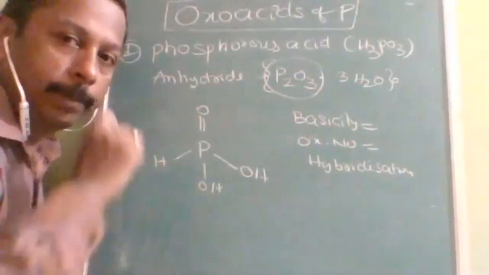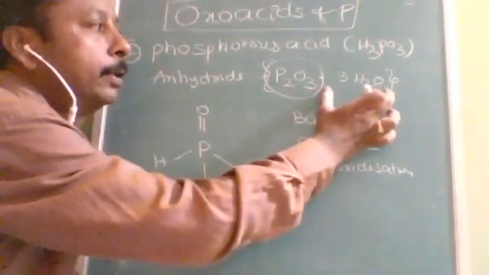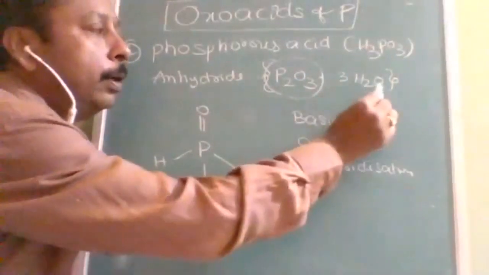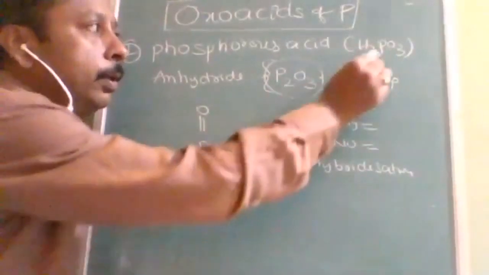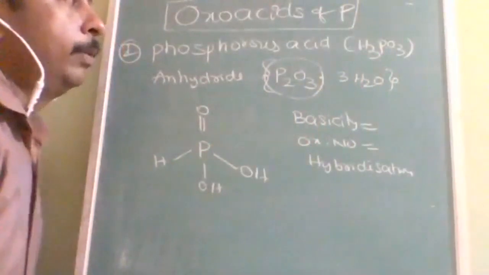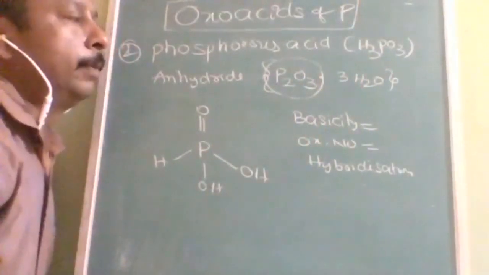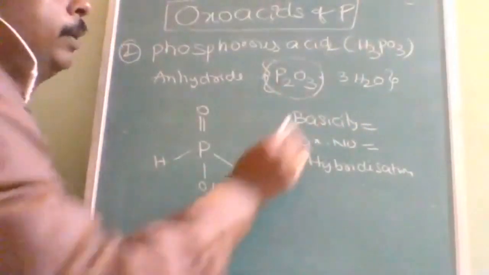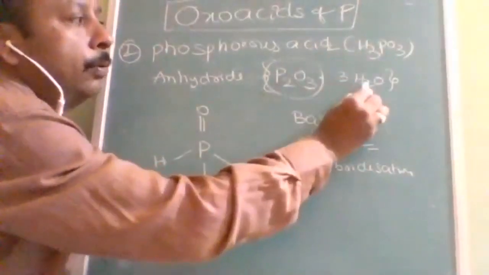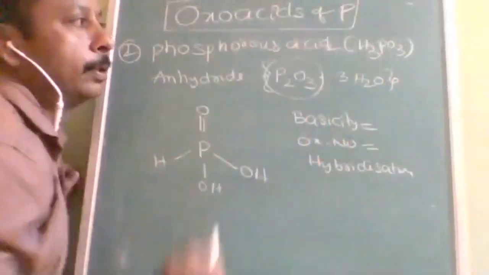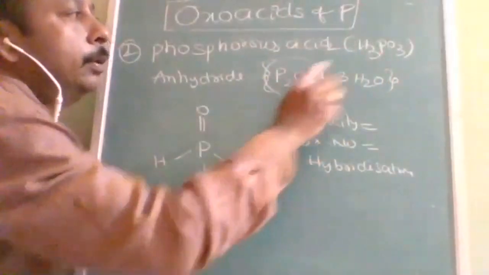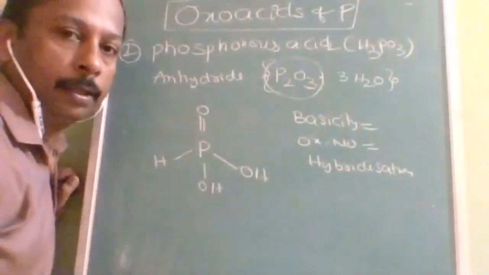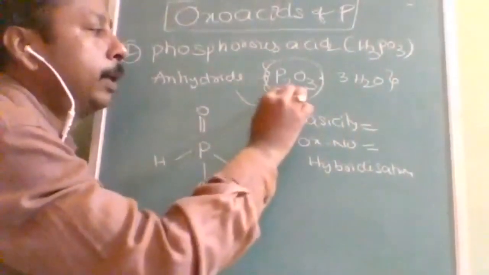When you combine 3 moles of water with P2O3, you will get 2 moles of H3PO3. If you multiply this by 2, how many hydrogens are there? 6 hydrogens, 2 phosphorus, and how many oxygens? 6 oxygens, 3 plus 3. So it's an anhydride. Sometimes they may ask.